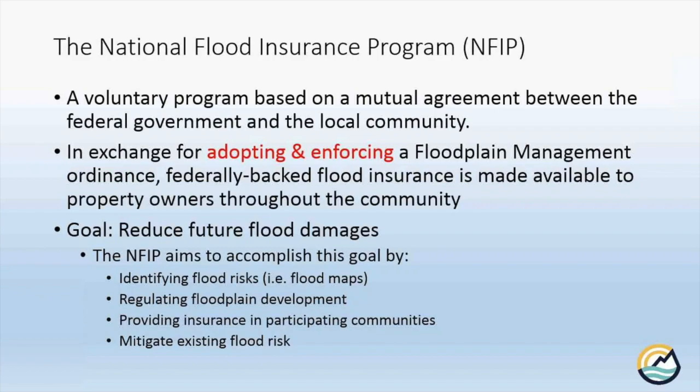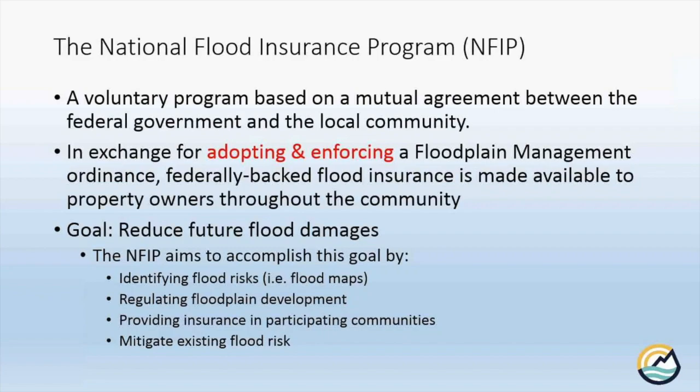It accomplishes this goal with four main steps. One is identifying your flood risks. These are our floodplain maps: where are the areas most likely to flood? Once you know where those high-risk areas are, we regulate development there and set standards you have to meet to protect yourself, such as requiring people to build up or set back.